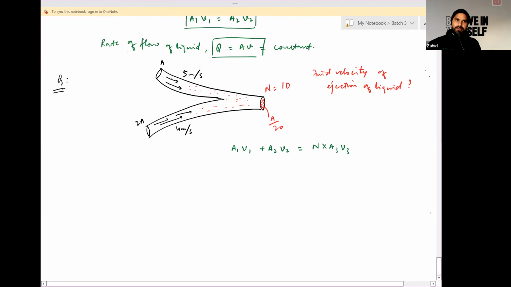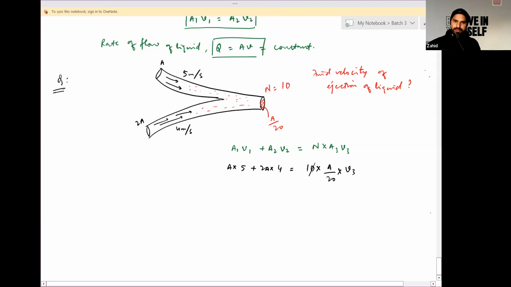Let's say A1 is A, velocity of liquid in this section is 5. A2 is 2A, velocity of liquid in this section is 4. We have 10 holes, each having area A by 20 and velocity V3.